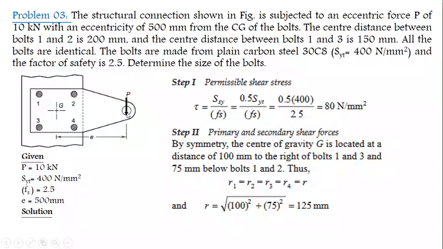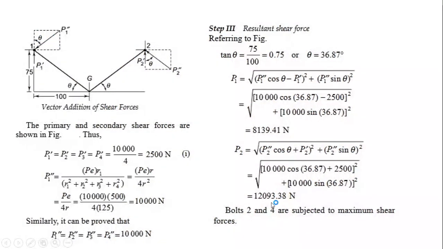Here the load is acting here, the nearer bolts are 2 and 4, and the farthest bolts are 1 and 3. So 2 and 4 get more shear stress as compared to bolts 1 and 3. This is the simple concept. So bolts 2 and 4 are subjected to the maximum shear force here.